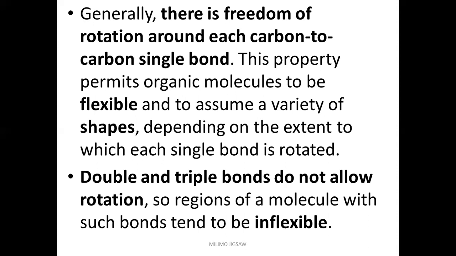However, when we look at the double and triple bonds, they do not allow rotation. So you find that in a region where a molecule has a triple bond or a double bond, it would tend to be not flexible. So it's going to be inflexible.